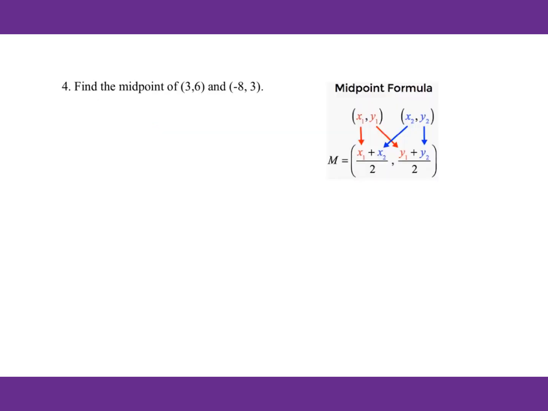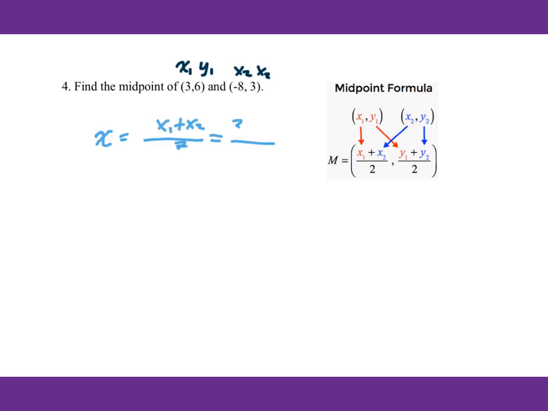For number 4, find the midpoint of 3, 6 and negative 8, 2, these two points. Here is the midpoint formula. We label x1, y1, x2, y2. Then we just need to plug in. Your x equals x1 plus x2 over 2.